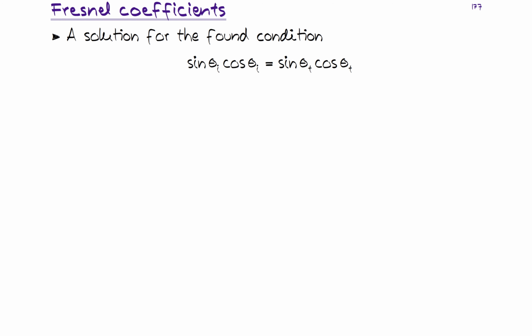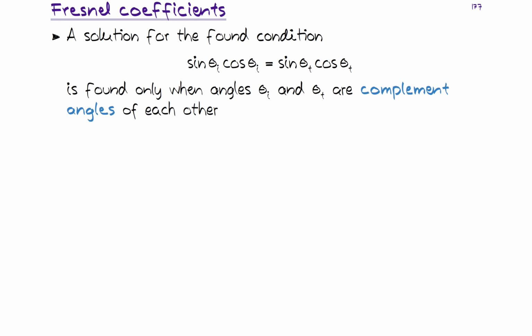Now we can find a solution for this equality. It is a kind of awful looking trigonometric equality, but we can find a condition, maybe not by a few trial and errors, but at least with the computer. What we can say is that this only applies when theta i and theta t are complement angles of each other.